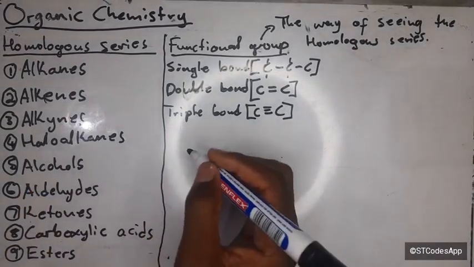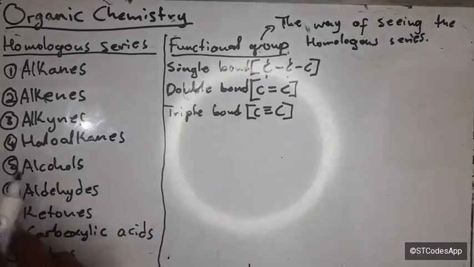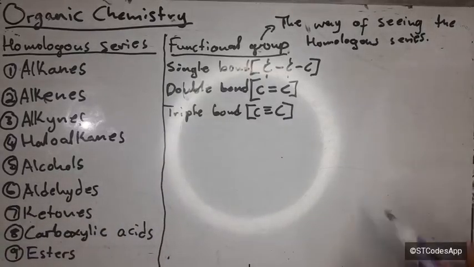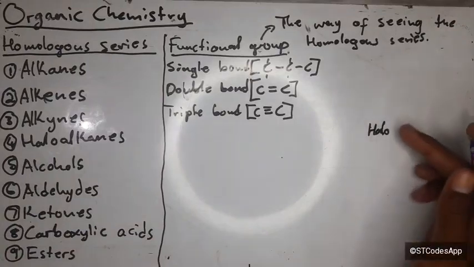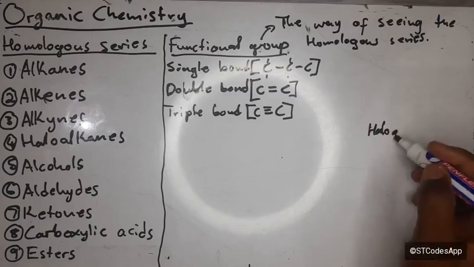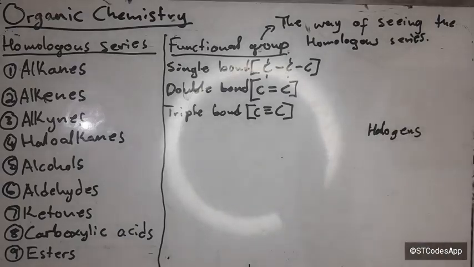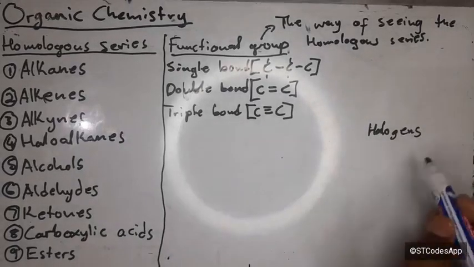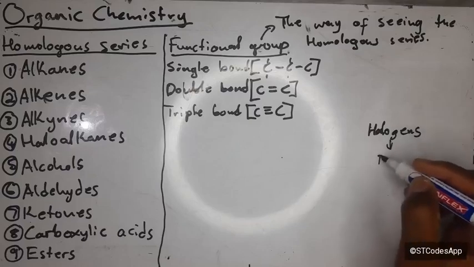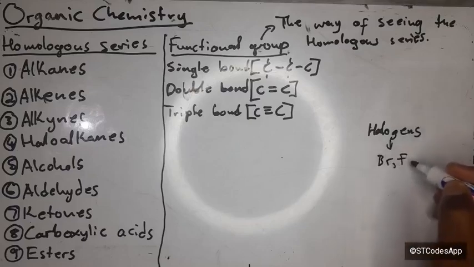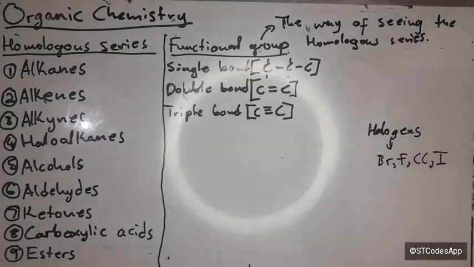Then haloalkanes. Halo came from the word halogens. So halogens are some things like this: Br, F, Cl, iodine.